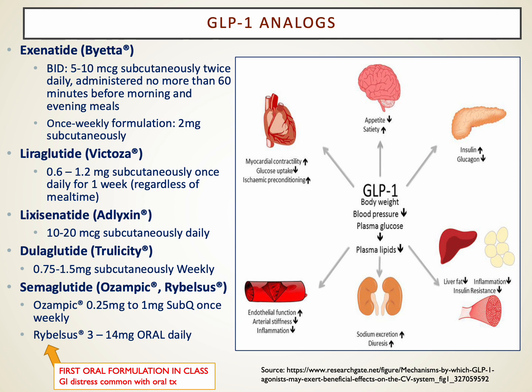The first of the oral agents became available about 3 or 4 years ago, Rybelsus, semaglutide as an oral form. When I speak with other clinicians who have tried this agent, though, they find that there's much more GI distress with the oral agent, and it's a daily dose as opposed to a once-a-week dose.